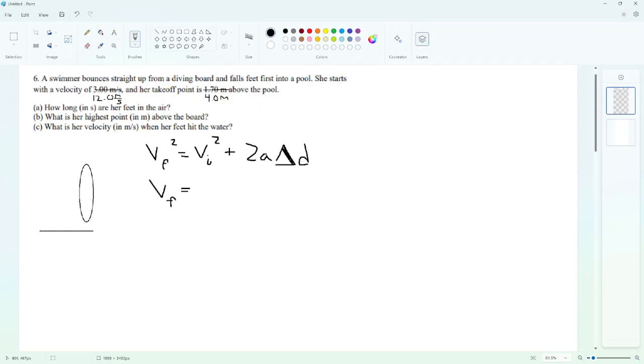Velocity final is equal to velocity initial plus acceleration times time. And lastly, distance final is equal to distance initial plus velocity initial times time plus 1/2 acceleration times time squared.